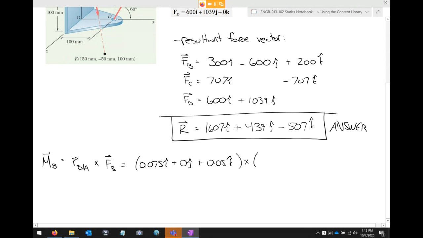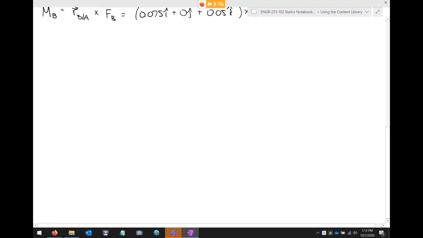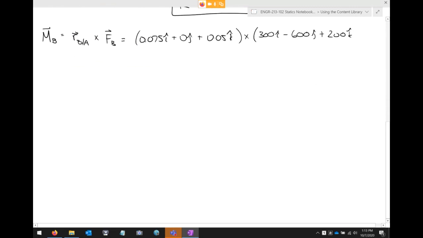And then I'm going to cross that with my force vector, which is 300i minus 600j plus 200k. And what that means is, and this is just the thing that kind of sucks with 3D, but it is what it is, I'm going to have to do 3 different cross products.